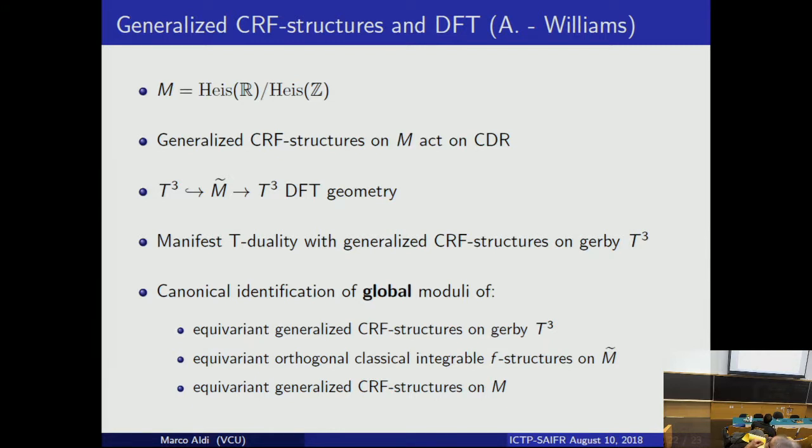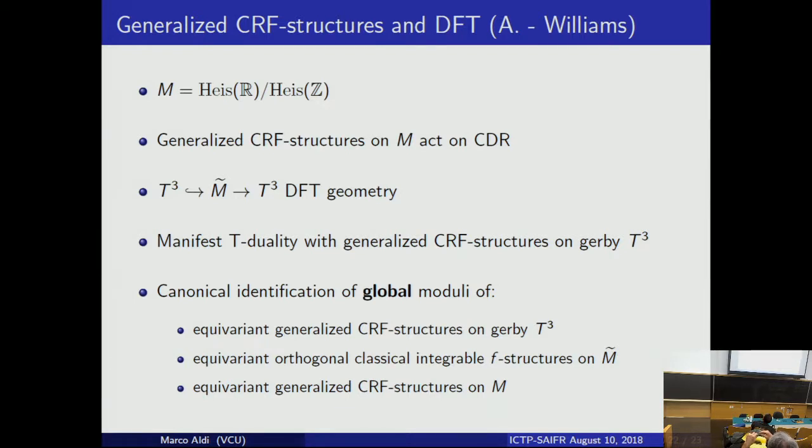So now you can see how generalized CRF structures on M act on CDR, or more precisely the quantization of the sigma model here. And now we get a similar story.